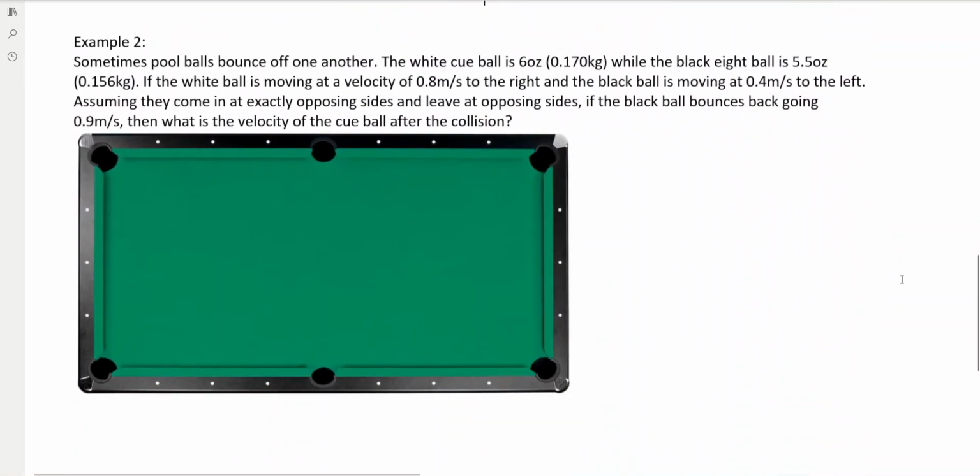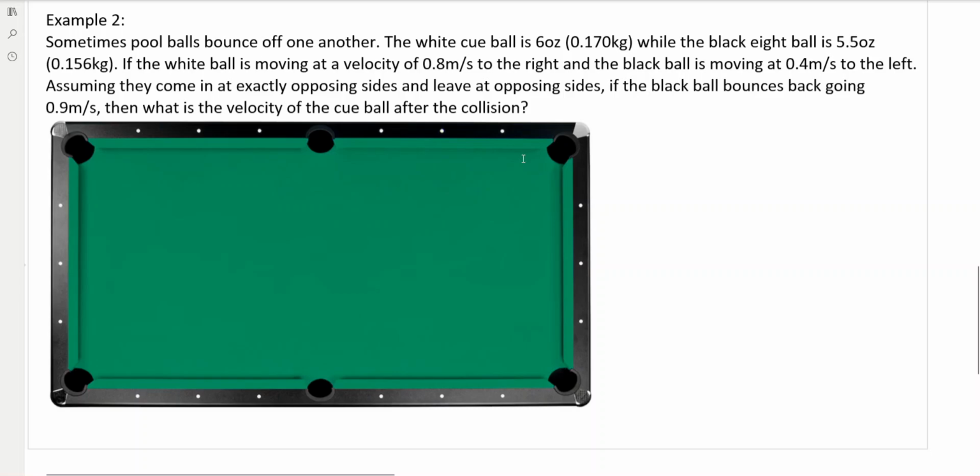Let us continue. We've got one more different question here. I recommend you pause the video and try it out yourself first to see if you can do it. Otherwise, once you're ready, press play and see if you get the same answer that I got. Sometimes pool balls bounce off one another.